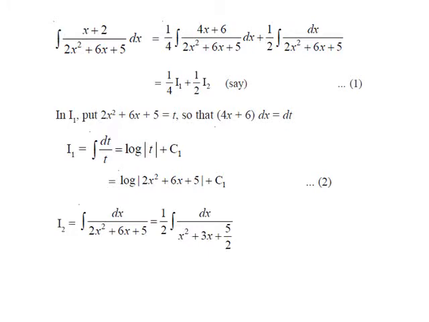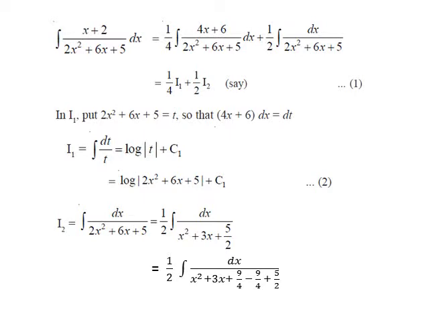Now, I2 is the integral of the form 1 by quadratic. So, first make coefficient of x square equals to 1 by taking 2 as common. Then, add and subtract half coefficient of x whole square, that is 9 by 4. Write it as shown.